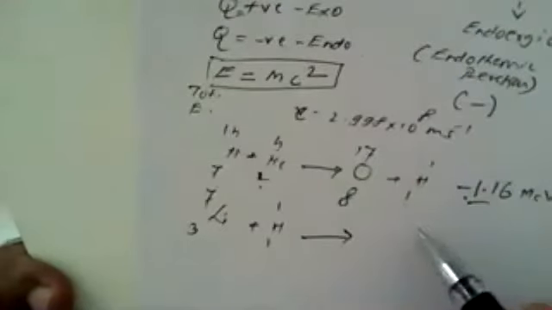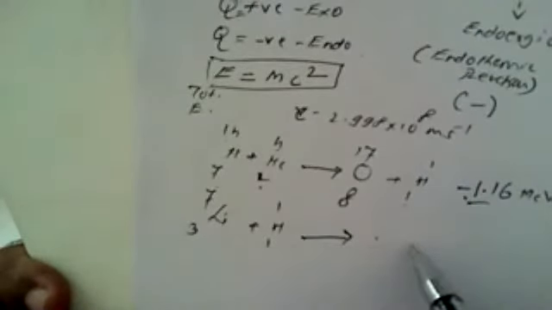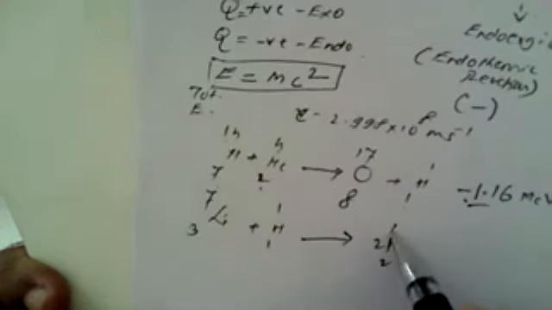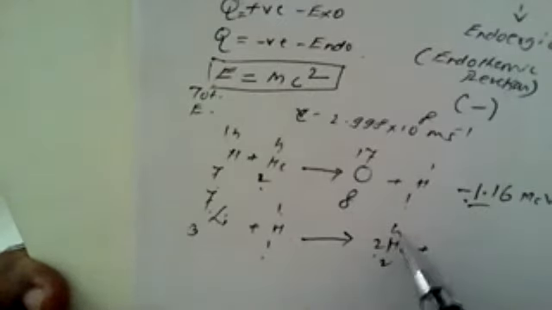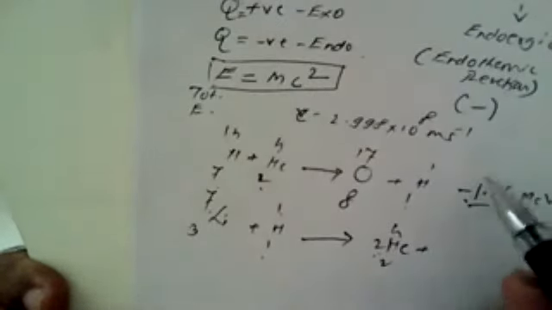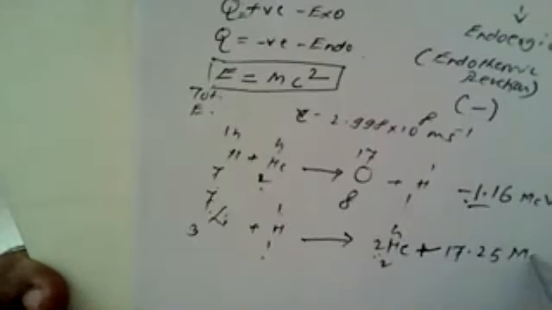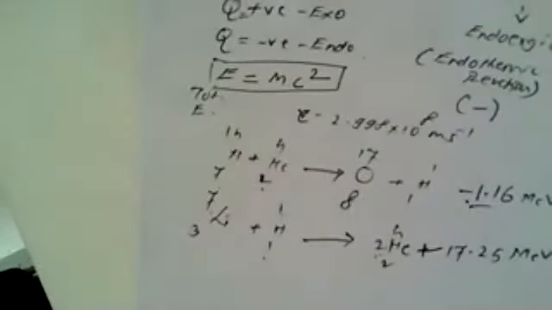If we carry out this reaction and 2 alpha particles are ejected, 3 plus 1 is 4, and 7 plus 1 is 8, and 4 multiplied by 2 is 8. Here the value of Q is positive, it is about 17.25 milli electron volts.